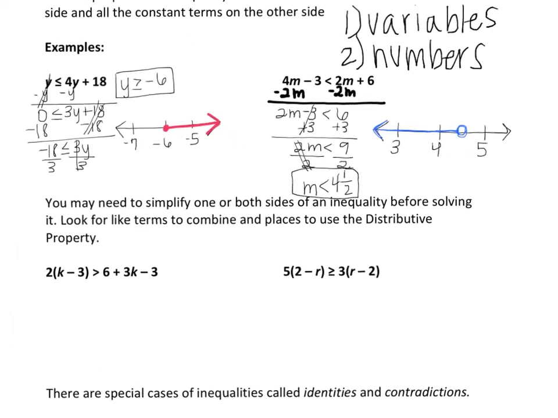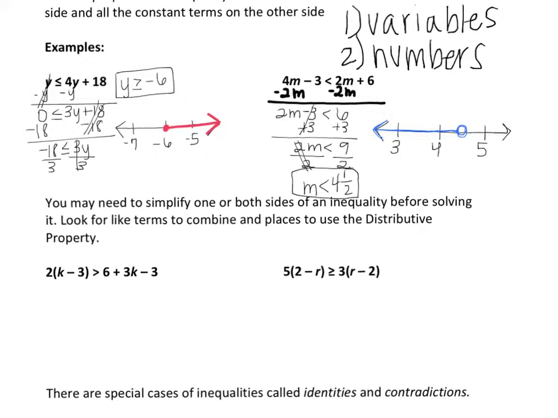All right. The next part says you may need to simplify one or both sides of an inequality before solving it. Look for like terms to combine and places to use the distributive property. So again, it's very, very important that you simplify first and then you start to solve. I see many, many mistakes of students trying to solve first and then simplify, and it's going to cause you errors.